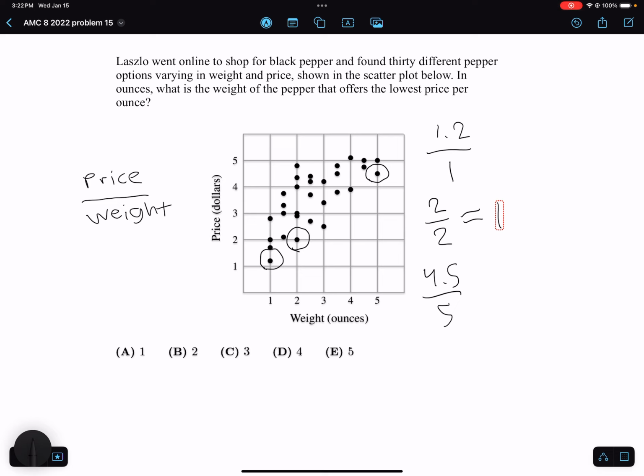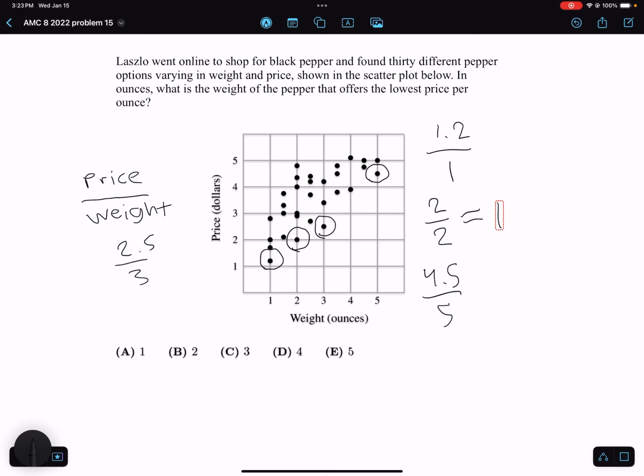So this 4.5 over 5 is not the lowest we can go, because we've also got this point right here. The price is 2.5 and the weight is 3. So it's 2.5 over 3. That is the price per ounce fraction there, and it's going to be smaller than 4.5 over 5, because we know 4 over 5 is larger than 2 over 3.